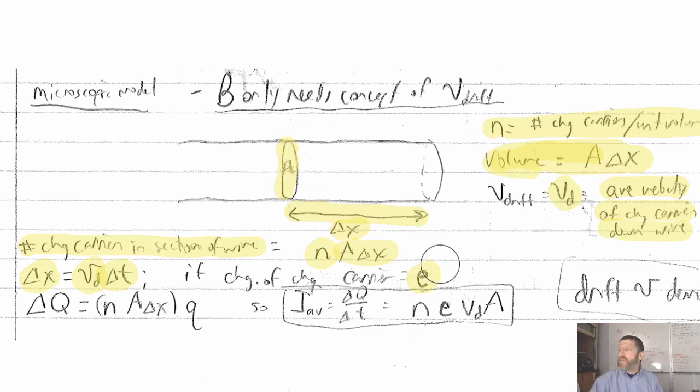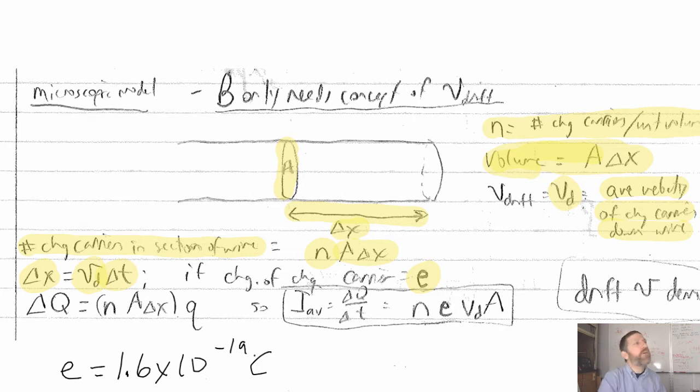Now, this symbol e is what we use for the elementary charge. The charge of an electron, what we call the elementary charge, is 1.6 times 10 to the negative 19 coulombs. That's a very, very small amount of charge.